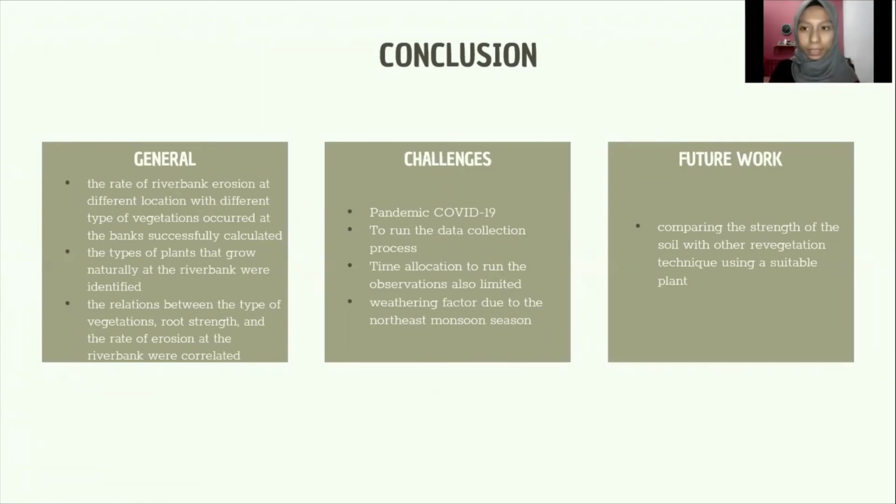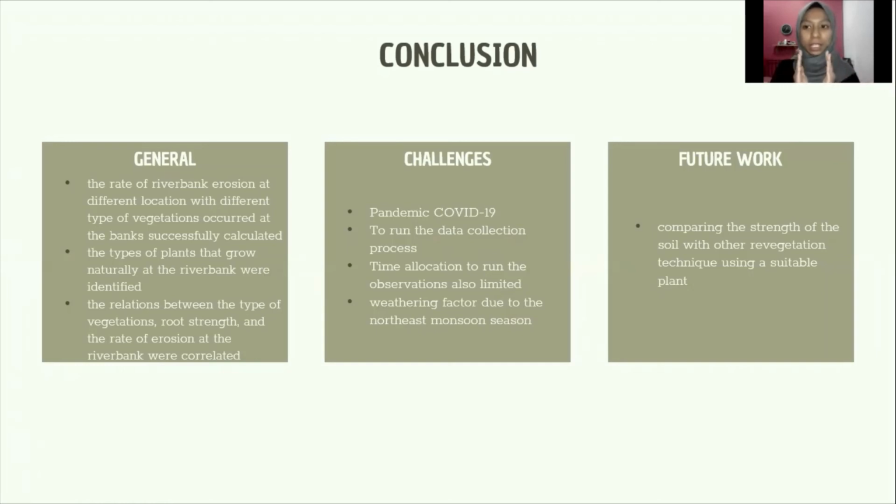Therefore, some of the challenges we went through are, as we all know, Malaysia is going through the COVID-19 pandemic. Therefore, there were some limitations to running this project in terms of time, as well as the location of the project itself.